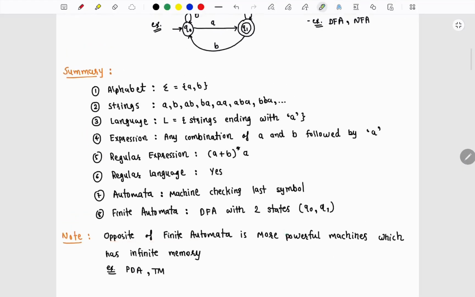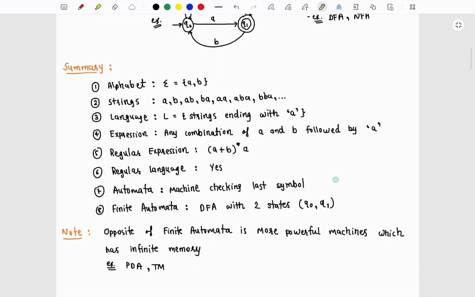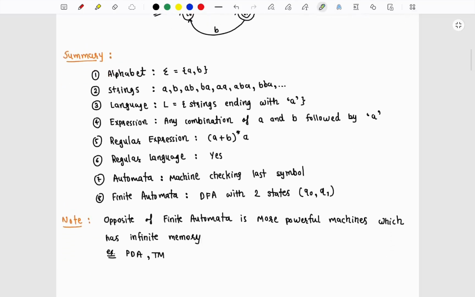Now, here we need to understand that the opposite of finite automata is more powerful machines which have infinite memory. Why? Because finite automata has finite memory. That means it can store a limited number of states, limited storage. But the opposite of finite memory is infinite memory, which has more powerful functionality.